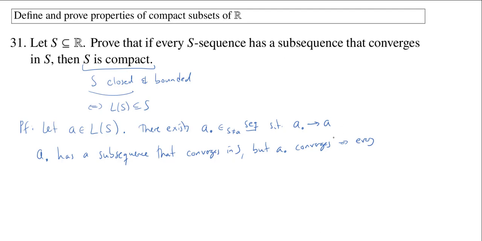That means every subsequence converges to a, because subsequences inherit convergence. So we conclude that a must be in S, because we have a subsequence that converges in S, and it can only converge to a. We took a limit point, we showed it was in S, so we conclude S is closed. Hey, we're halfway there. Next we need to show that S is bounded.